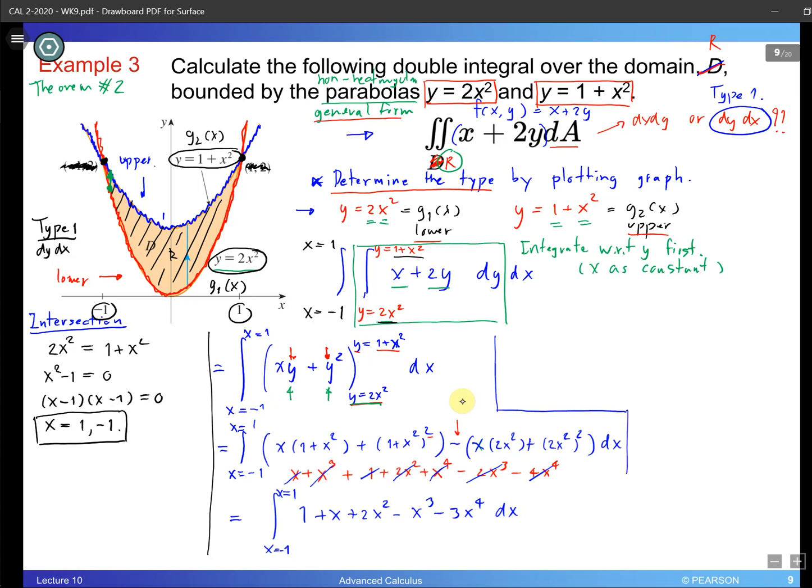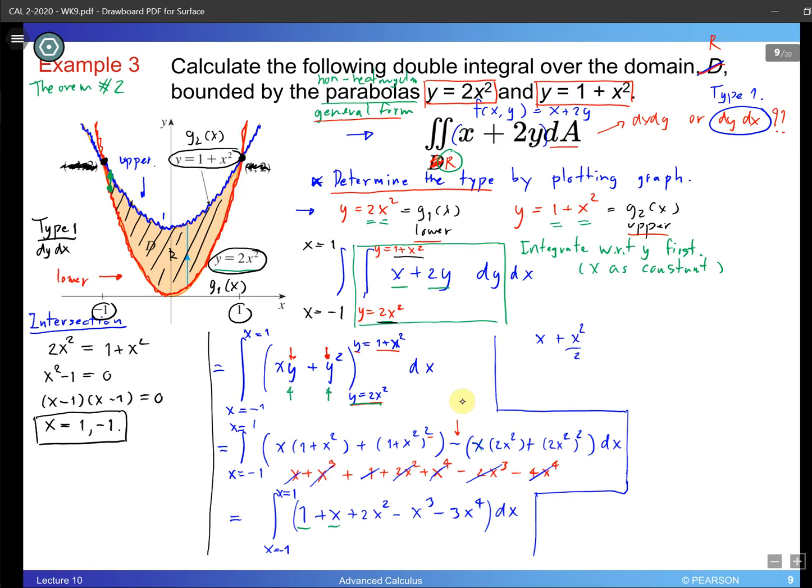Okay, I'm sorry about this. Now, let's take a look at this. We are supposed to integrate this with respect to x. This is easy stuff, just one variable to work with. So the first term, integrating this with respect to x, I get x, right? Plus the second term right here with respect to x, I get x squared over 2.